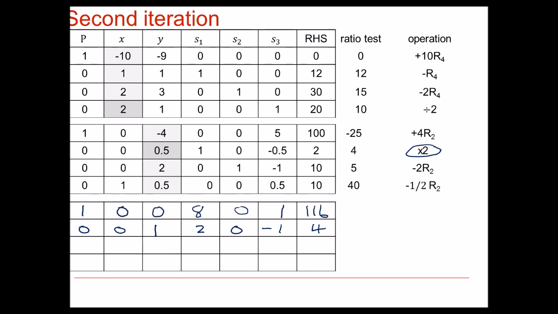We then need to take away 2 of this new R2 to ensure that we end up with the right numbers, in other words a 0 there. That would give us 0. And finally, by taking away a half of that row 2 in order to gain that 0 there, the end of our second iteration.